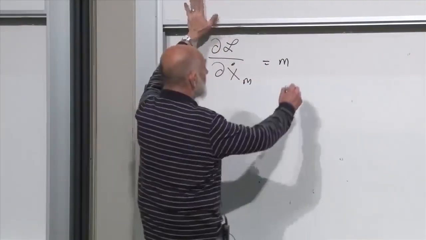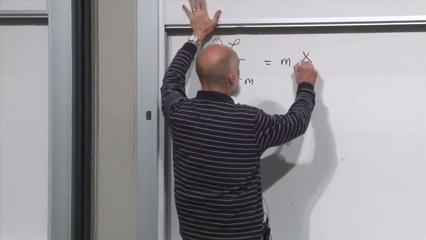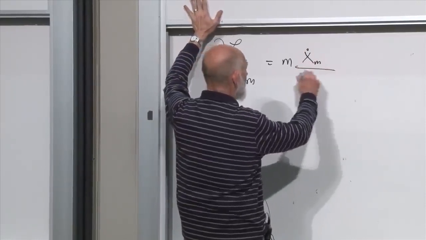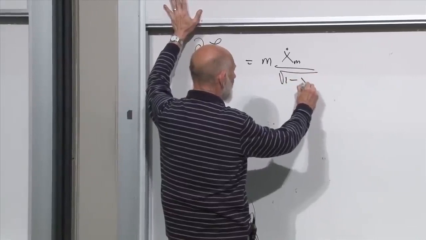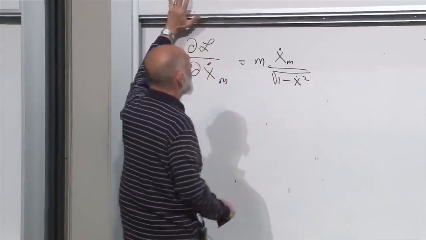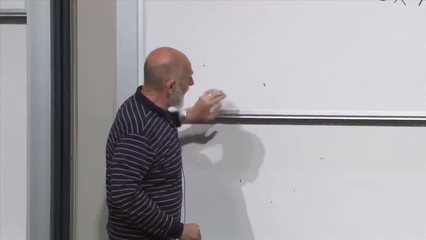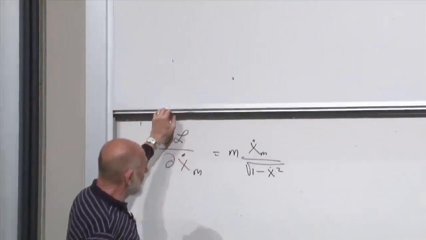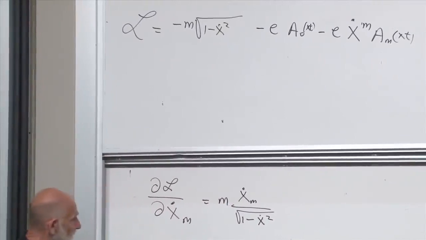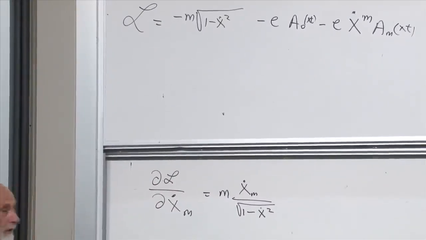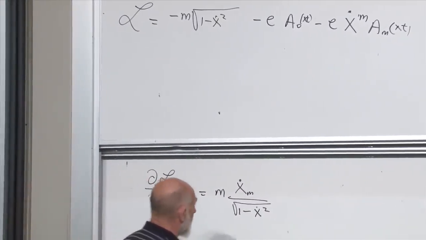M times x m dot divided by square root of 1 minus x dot squared. That's the derivative of this Lagrangian here with respect to the m-th component of velocity. That's easy. We've done that before.